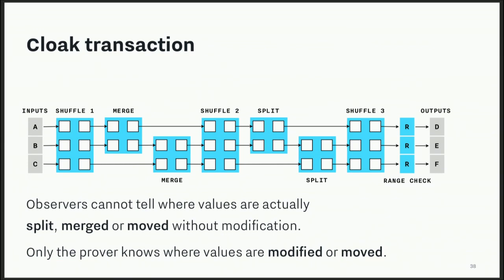And so as you can tell, to an external observer, you actually can't tell what type or what the quantity of inputs and outputs are, but you can verify that it is a valid transaction, that the inputs correspond to the outputs. As a prover, however, you actually have to make the individual assets move between the shuffles, merges, and splits and range proofs. And so I'll walk through what the prover generates to show you how exactly this transaction works.